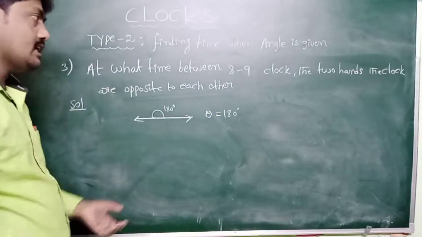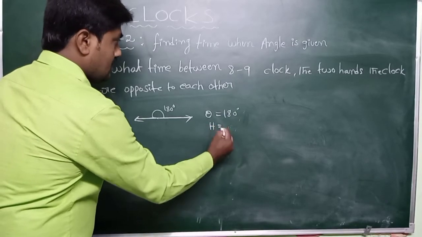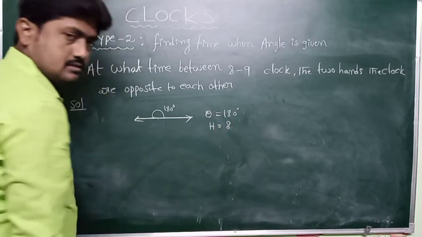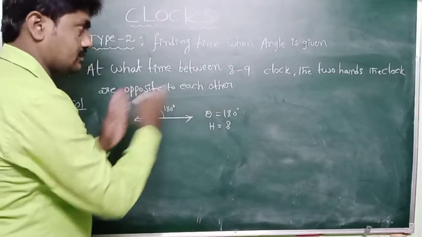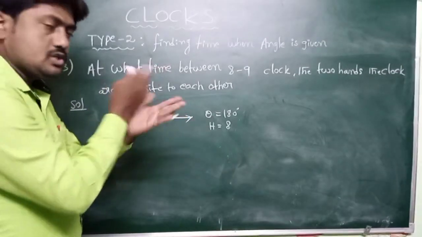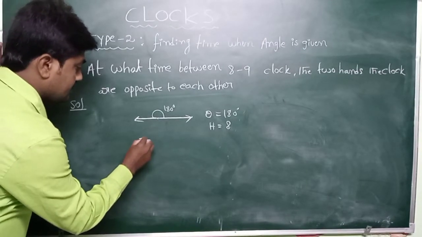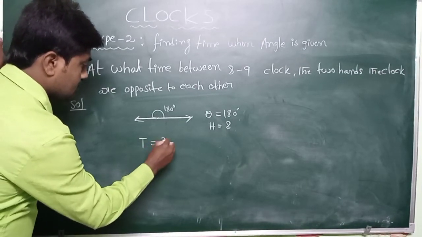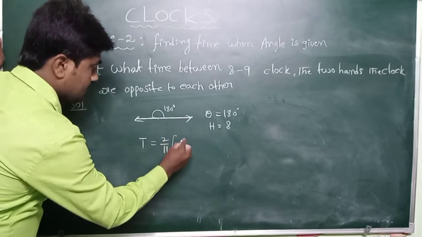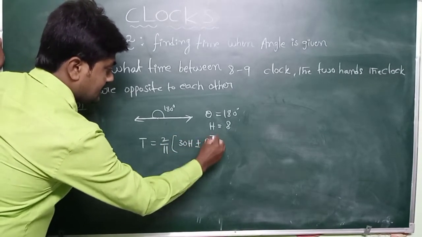Now what is the initial time? H is equal to 8 hours. Only after 8 hours can they be opposite to each other. Time is equal to 2 by 11 into (30h plus or minus theta).